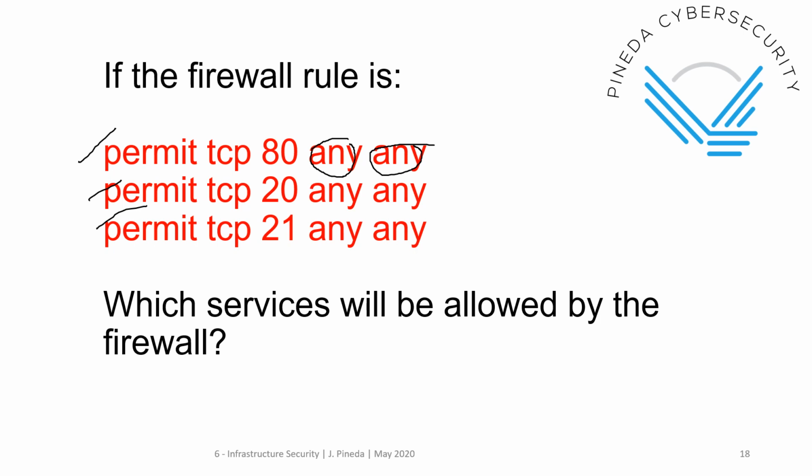So which services will be allowed by the firewall? So we have port 80. We mentioned this in the previous slide. This is web. Port 20 and 21, this is FTP. So this means that the firewall will allow web and FTP.